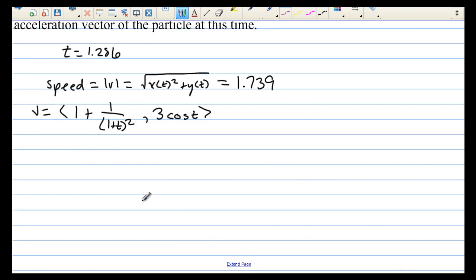There's velocity. I have to take the derivative one more time, so the acceleration is negative 2 over (1 plus t) to the third, comma, and then we have negative 3 sine of t.